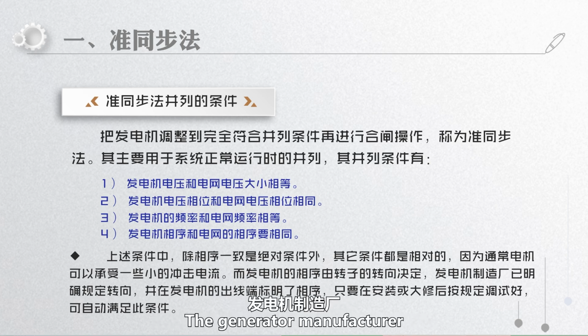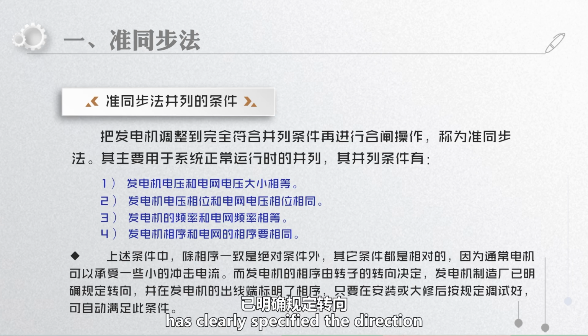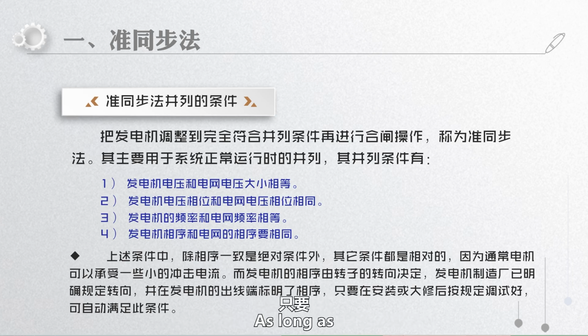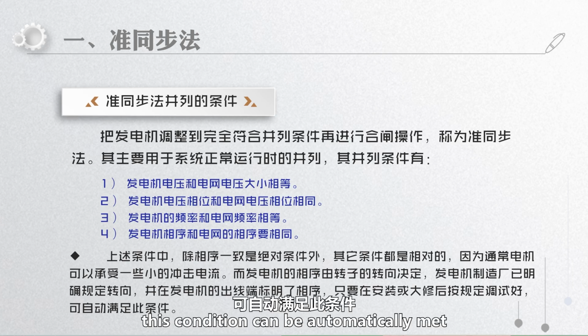The generator manufacturer has clearly specified the direction and marked the phase sequence on the generator's output terminals. As long as it's properly commissioned according to regulations, after installation or overhaul, this condition can be automatically met.